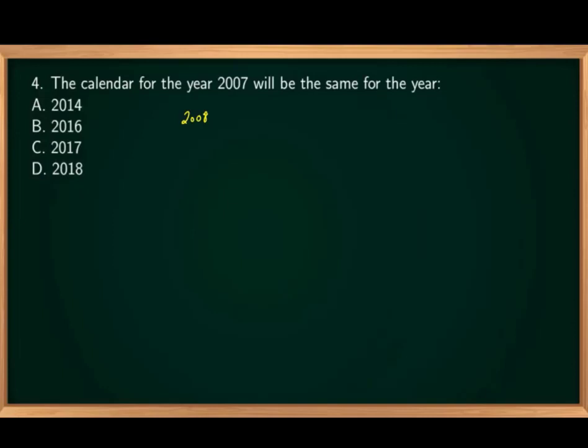2008, what will be the number of odd days in 2008? 366 days are there, so for 366 days, 2 odd days will be there. Then 2009, 365 days, 1 odd day. 2010, 1 odd day. 2011, 1 odd day. 2012, 2 odd days. 2013, just look at your options.